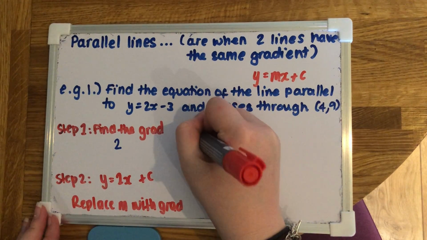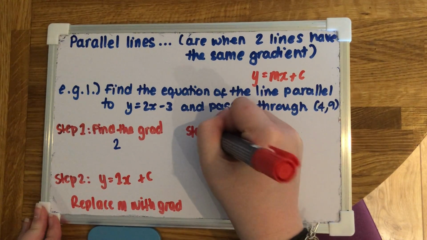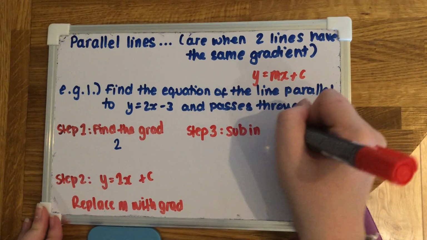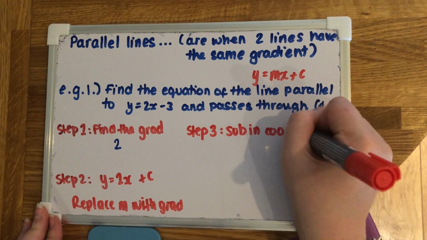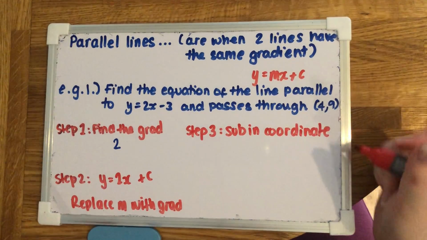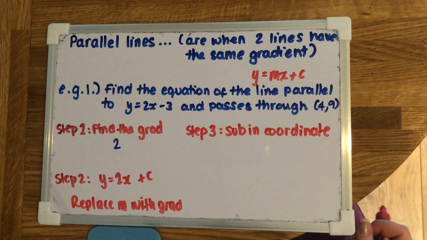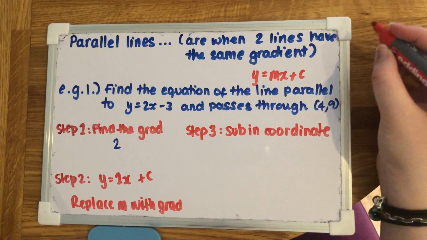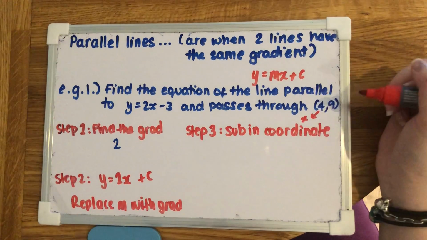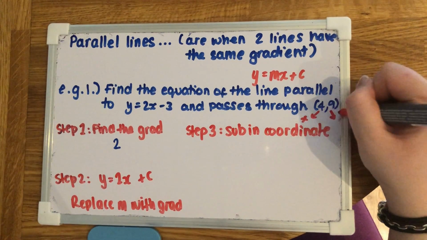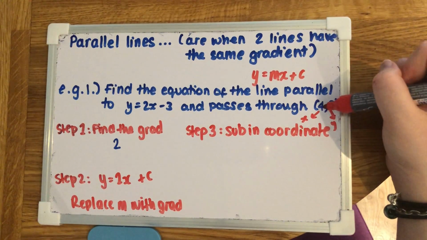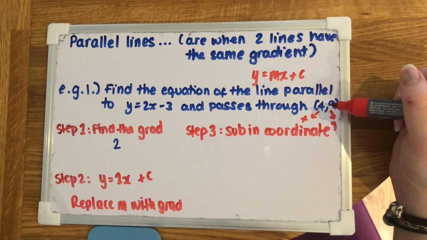Step 3. Sub in coordinate. Now with these questions you'll also be given a coordinate. So for this one we're given 4 and 9. Now the first number in the coordinate represents the x and the second one represents the y. So what it's telling us is that this point lies on the line that we're looking for, okay?